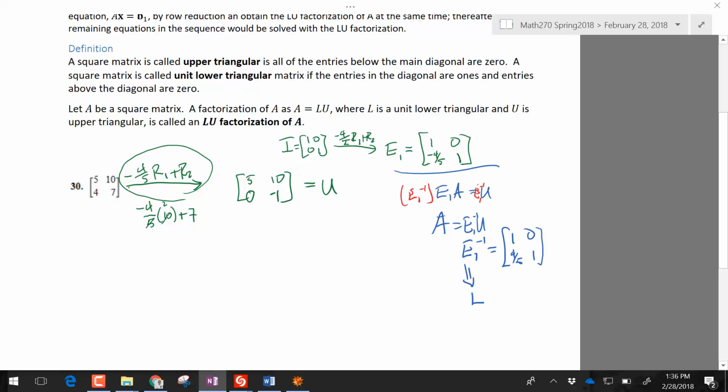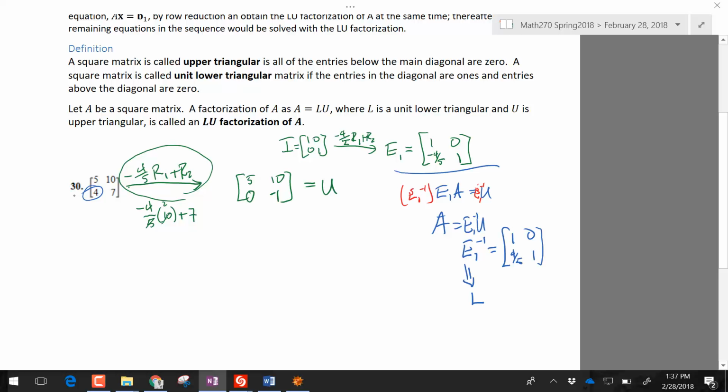We'll find an easier way to do it. We still have to do the row reducing, but we just have to keep in mind what our steps were. For a 2x2, it's really easy because you only take one step to get rid of that. You only have one thing to get rid of to make 0. So there's really only one step.